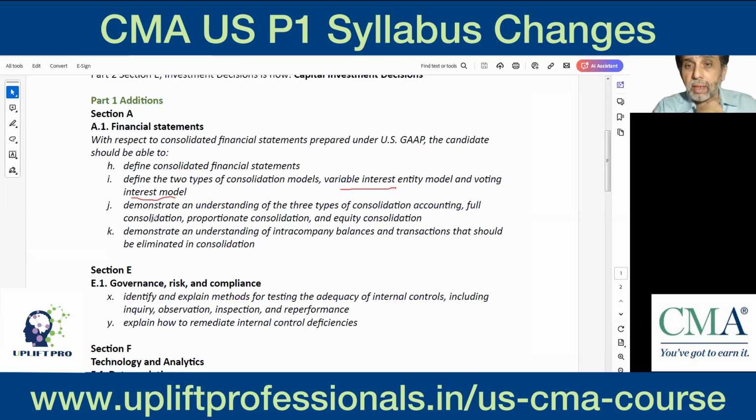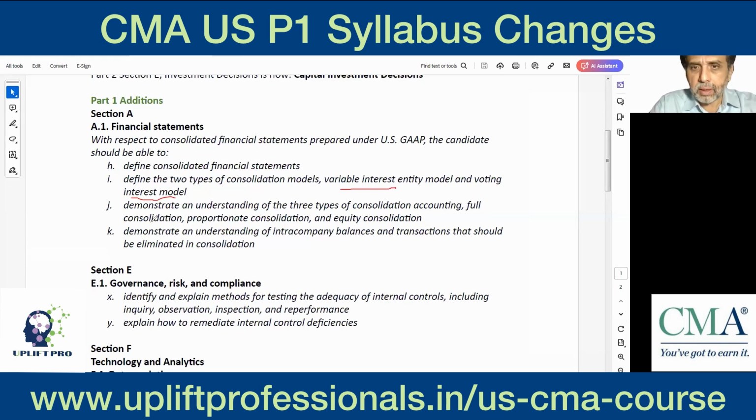Variable interest entity is where, even though they don't own the shares, they have significant influence on another company, meaning they control everything.